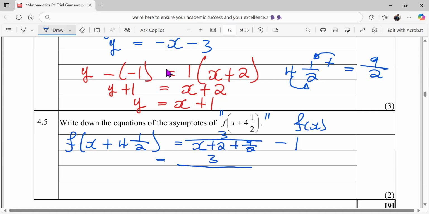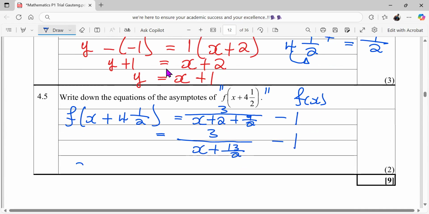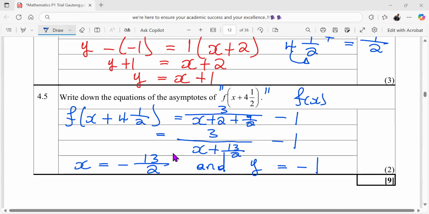Then you have your 3 in the numerator, and when you say 2 plus 4.5, you actually get 6.5, which is 13/2. This one is not affected in any way. So your new vertical asymptote is now going to be at x = -13/2. And then your horizontal asymptote is not going to be affected. It will still be y = -1. That was just a horizontal shift.